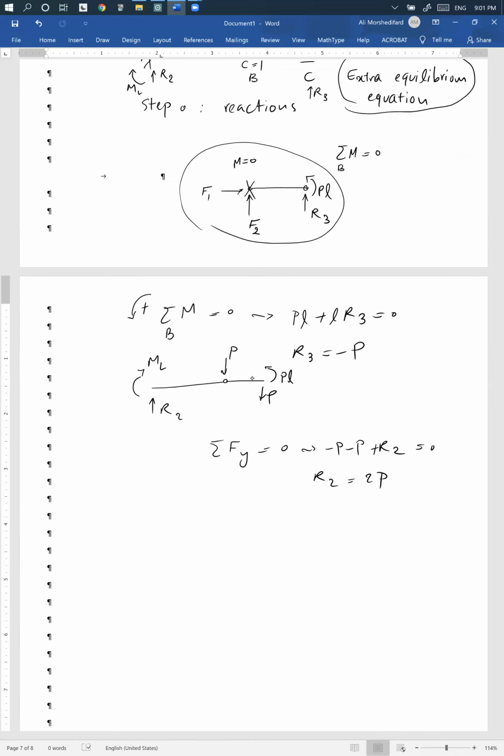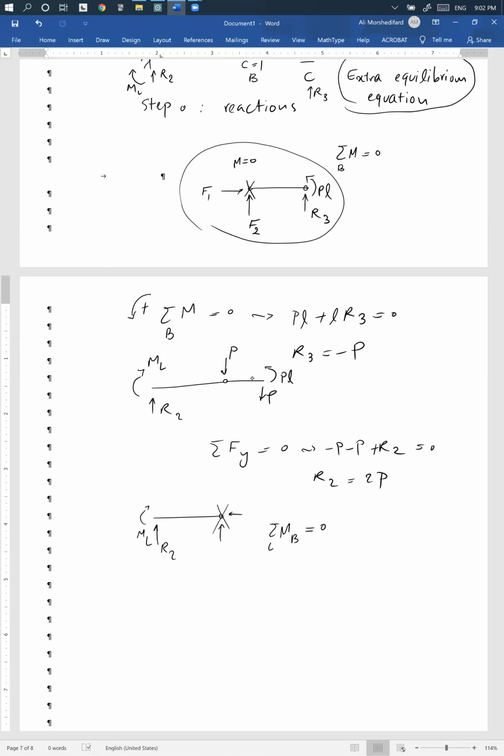All right, if I take the moments, here you can do two things. You can again cut at B. So I have ML, I have R2. I get a couple of forces here, but I don't care about this. So I take the moment about this point. I'm using again the extra fact about this point, but now for the left side instead of the right side. So sigma MB to the left is 0.